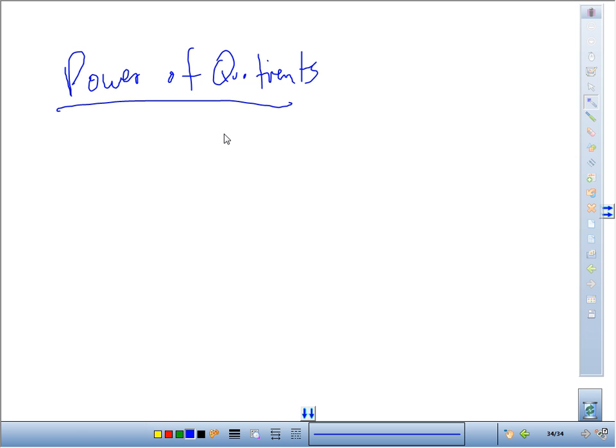Before we leave, last thing. Here you go. Power of quotients. Write this down. Parentheses. 2 to the third. 3 to the fourth. And all that to the fourth power. Okay.